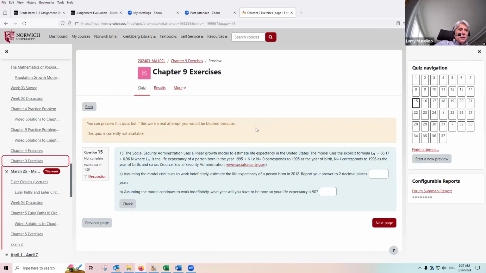I think 15 is going to be very similar also. 15 is nice because they're actually giving you, notice 15 says L sub n equals 66.17 plus 0.96n. So they're giving you this linear formula as part of the problem, which is nice. And they're telling us that n equals 0 corresponds to the year 1995.